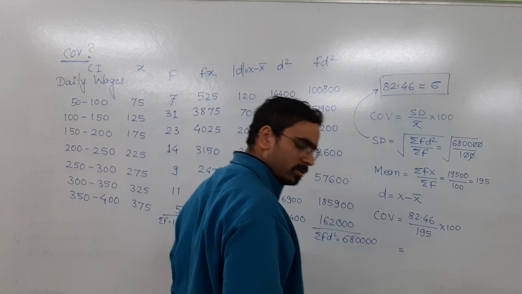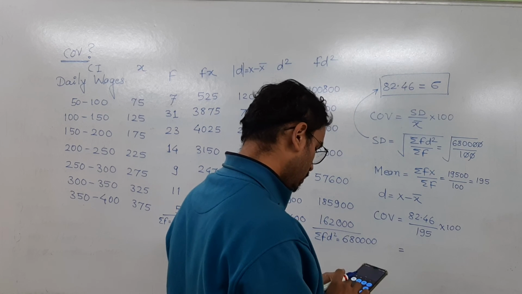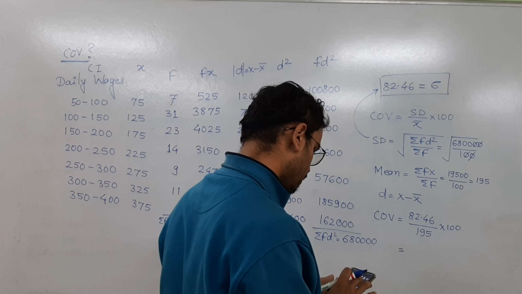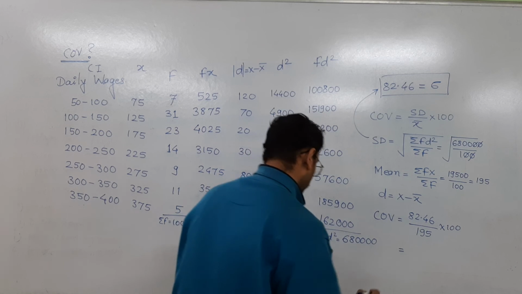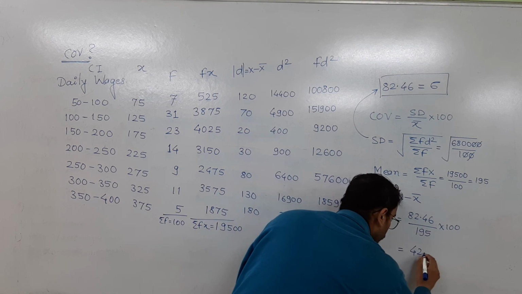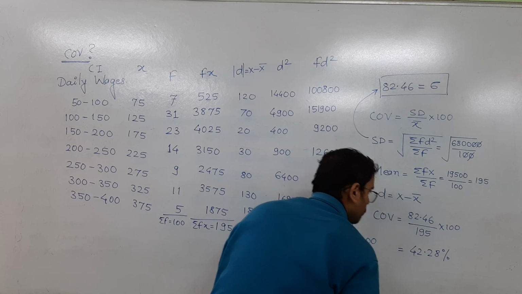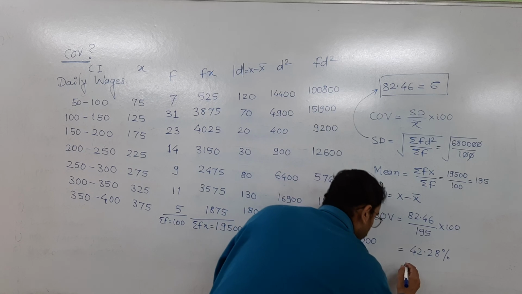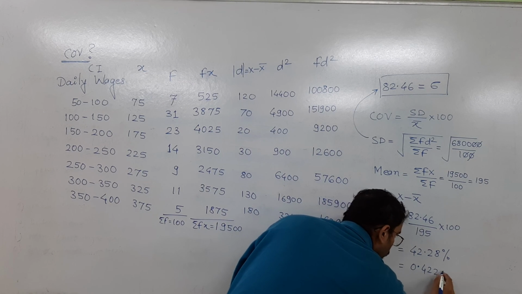Okay. So just calculate what value we are getting. 8246 divided by 195. That is 42.28%. If you don't want to calculate in terms of percentage, it will come to 0.4228.